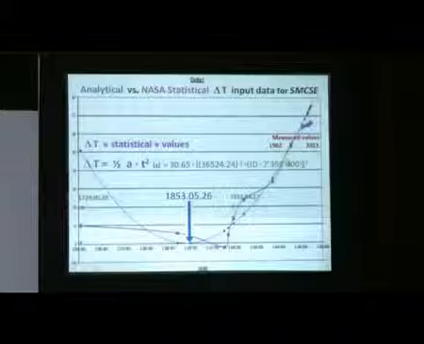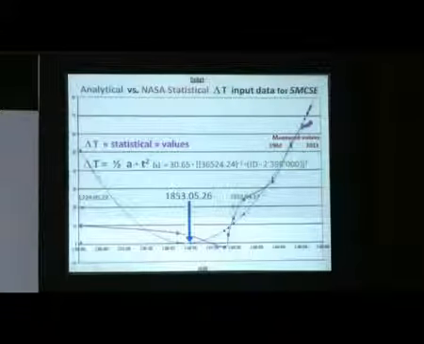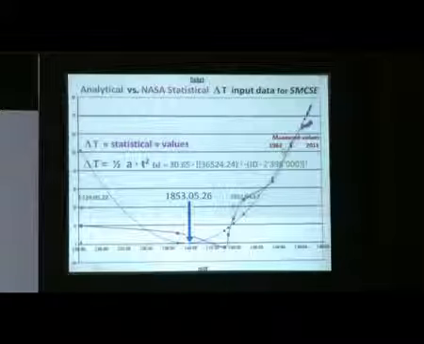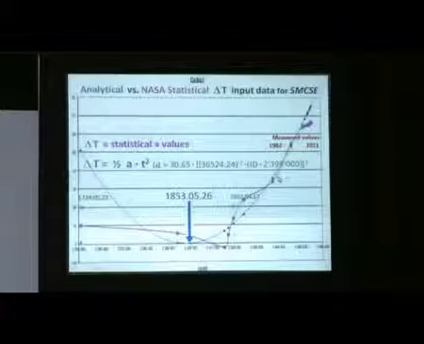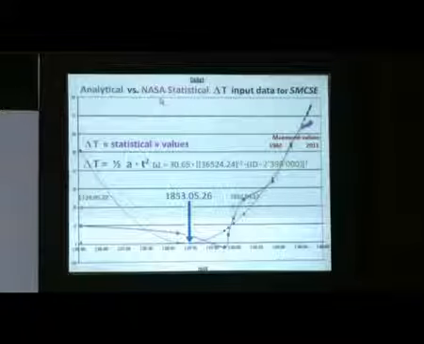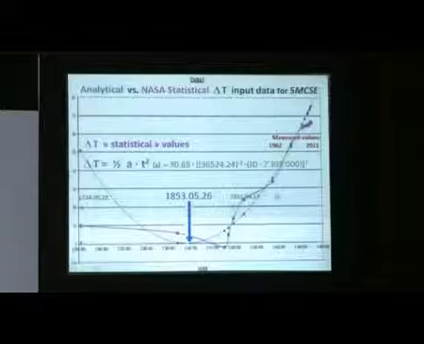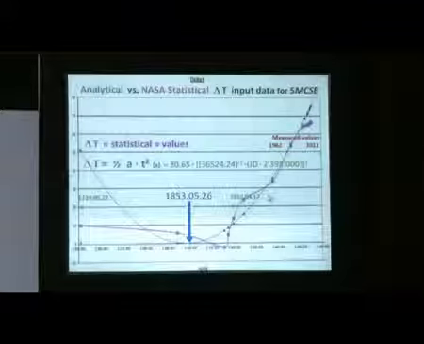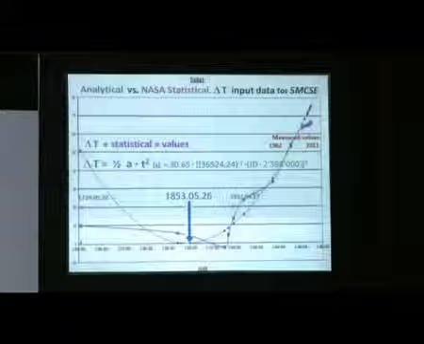Now, again, we see the measured values from 62 to 2011, and we see where the parabola comes from and where comes the so-called NASA statistical value used as default value by Jubier's program, which are going up and down.